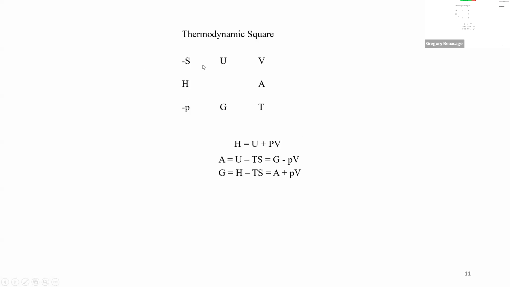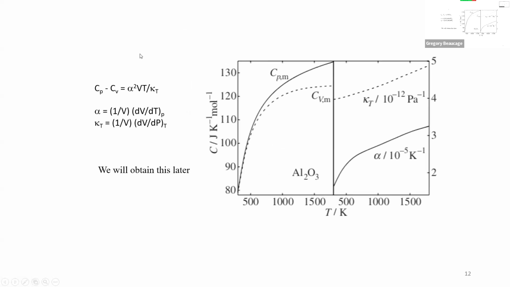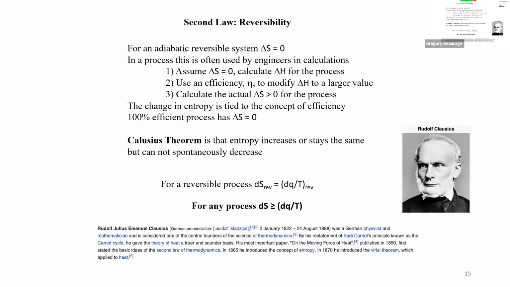So that's how this square thing works, right? So the Q and the W become ST and PV. The second law gives you ST. The PV means you have no work other than pressure volume work going on, right? Which is a normal way to write things, right?